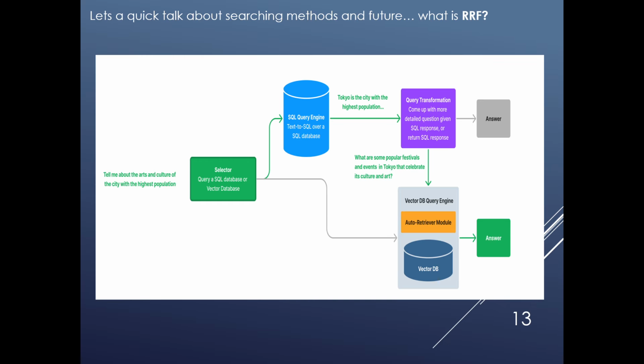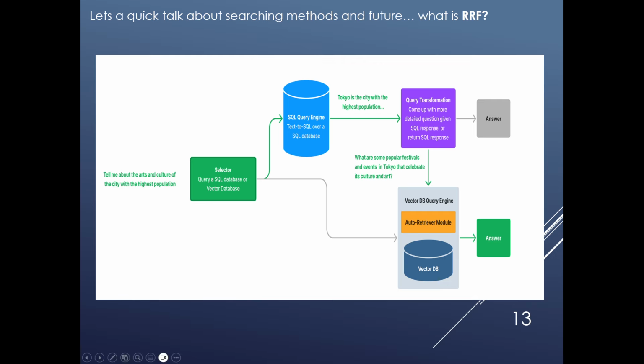What is the expectation? It's not a future, it is already in use. Okay, so basically the purpose is a hybrid search which uses both sides, the exact search as well as the semantic search.